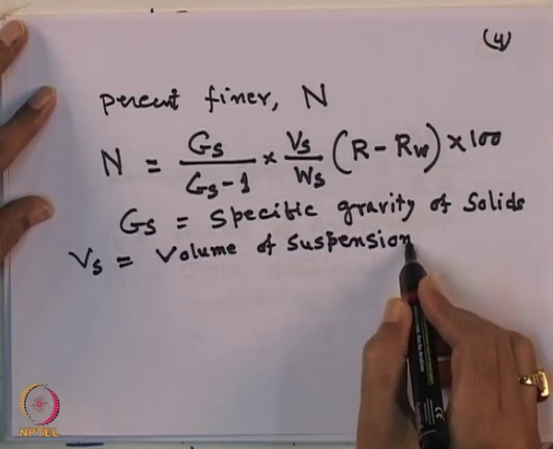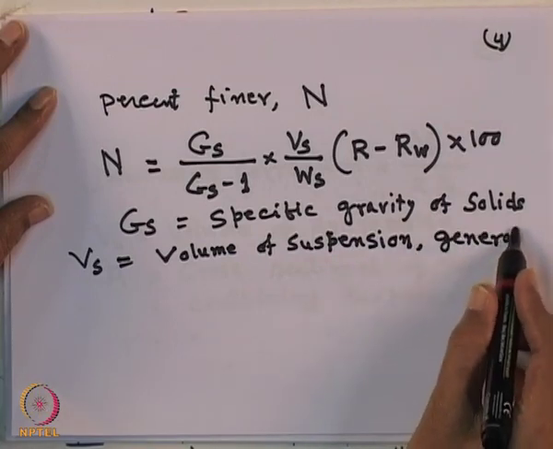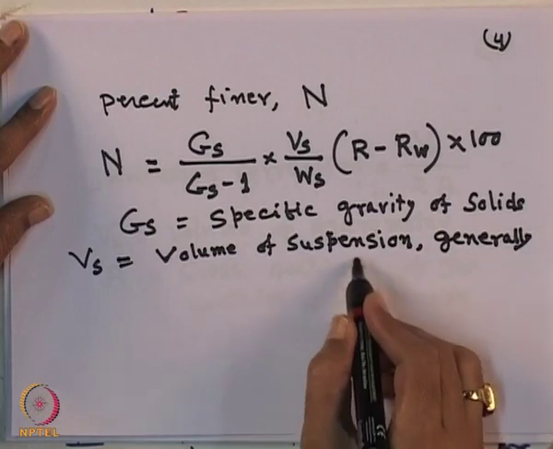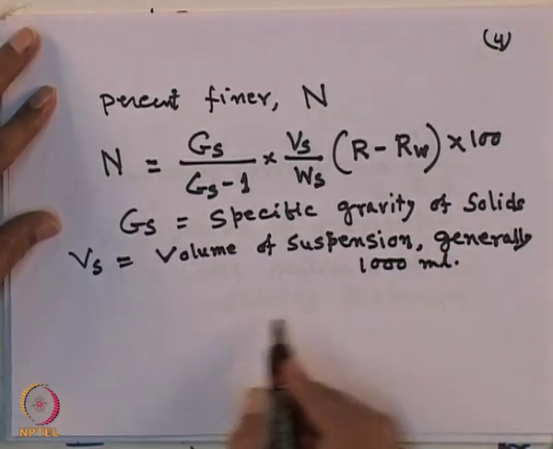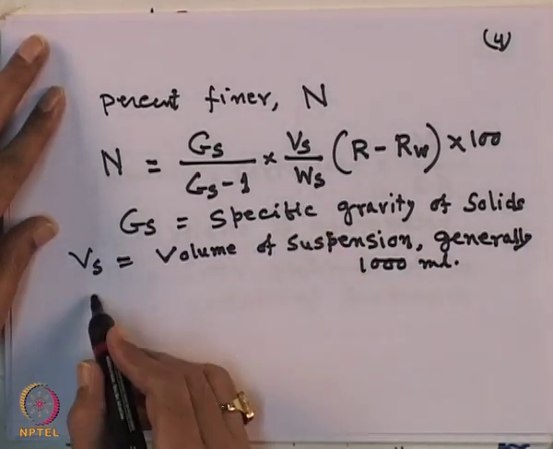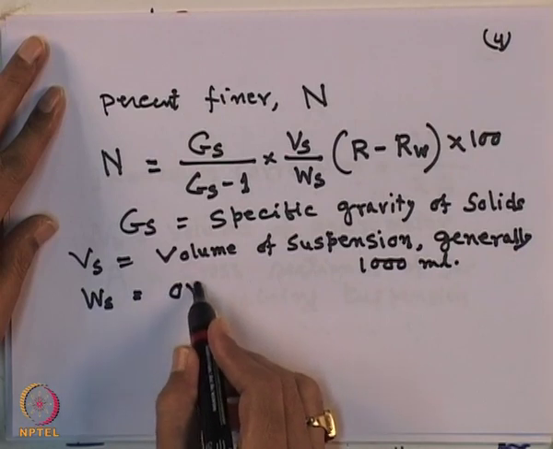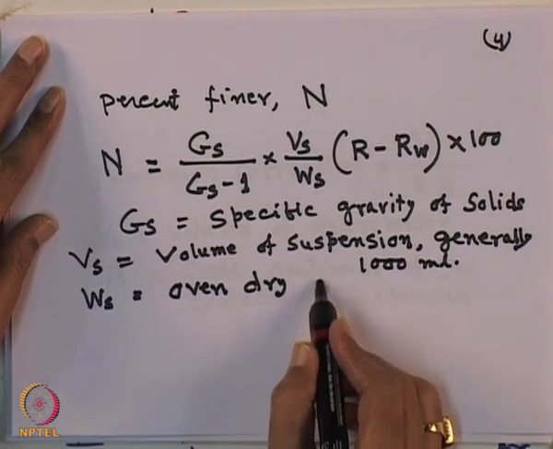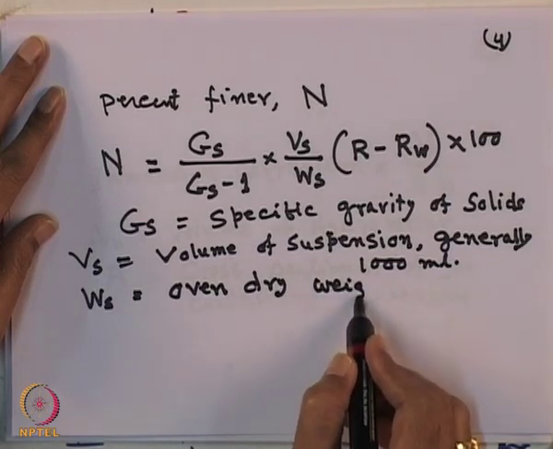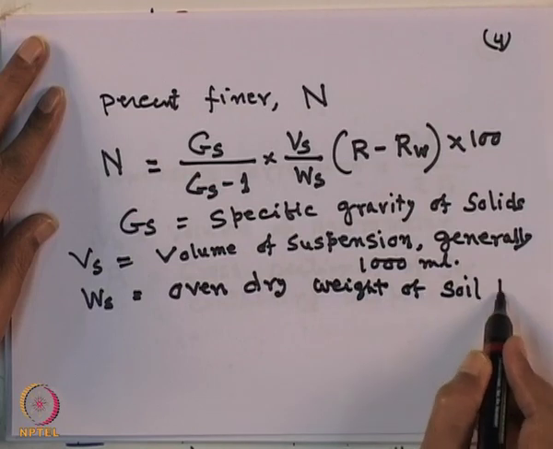Volume of suspension is generally taken about 1000 milliliter. And Ws is the oven dry weight of soil which is taken.